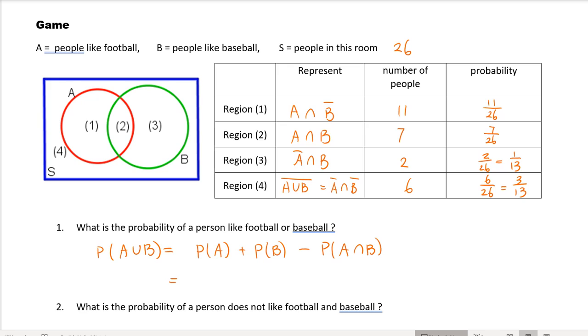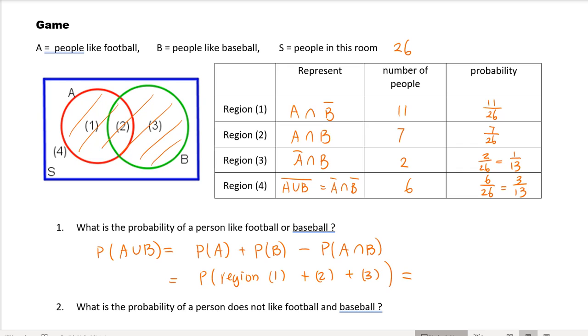Oh, by the way, in our problem we're not given P of A and P of B, we're actually given the subregions. So now we know A union B is regions 1, 2, and 3.